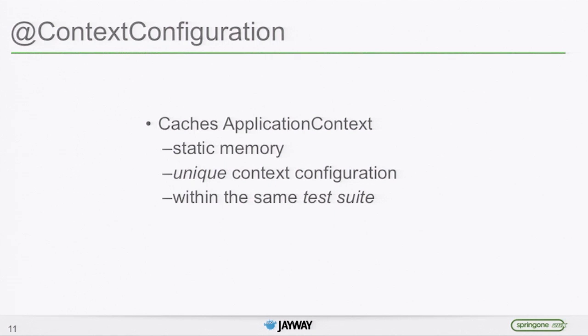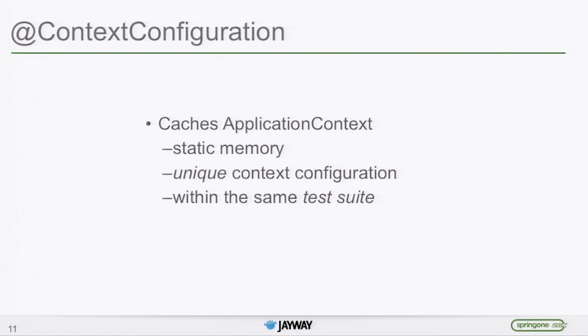But it could also mean, if you're an IDE user and you just right-click on a folder, that the application context will be created once, and then it will be reused for each subsequent test in that suite, providing, of course, that this key is unique. If you have a different key, that is, you provide a different application context, obviously that application context will be created as well and put into the cache.